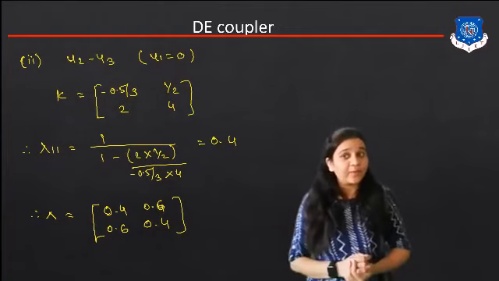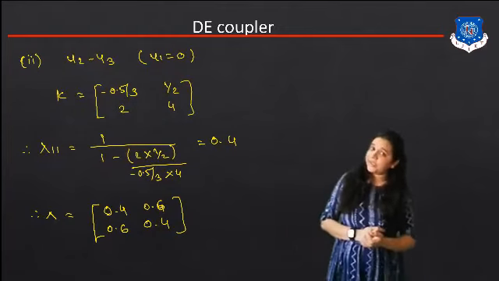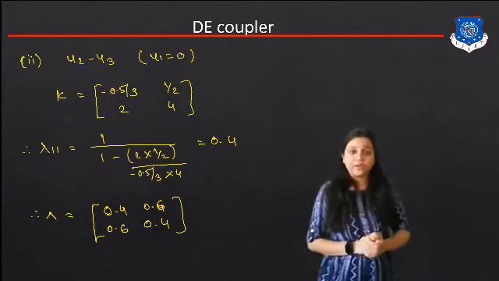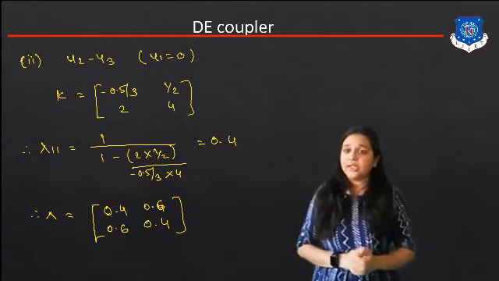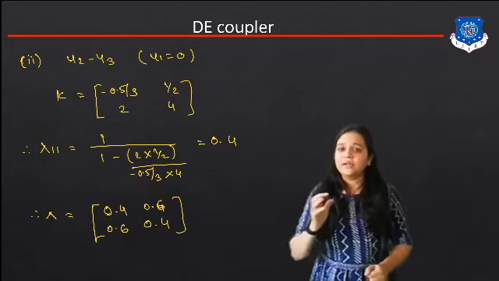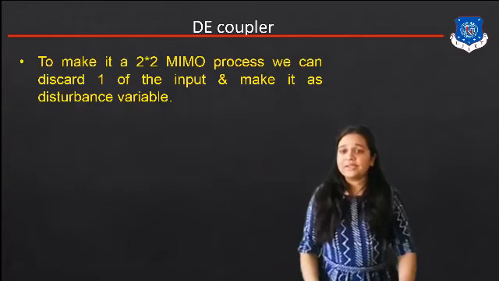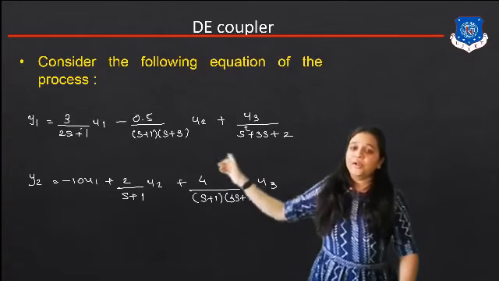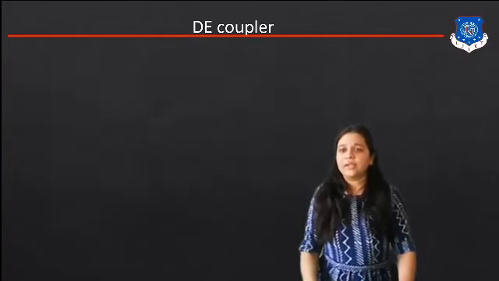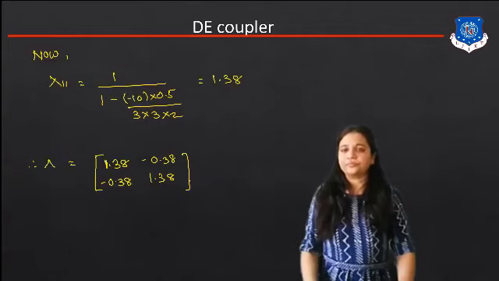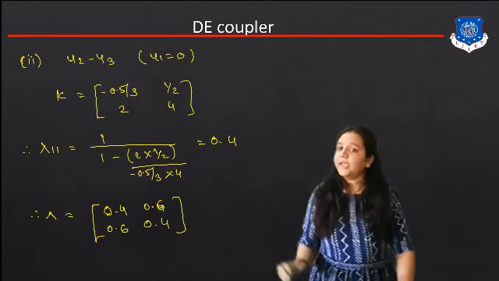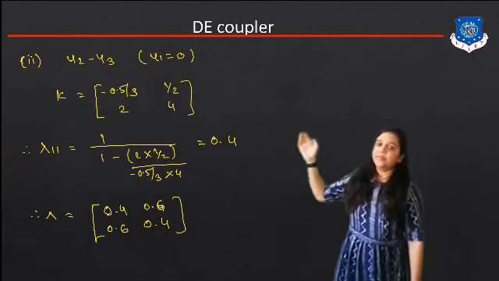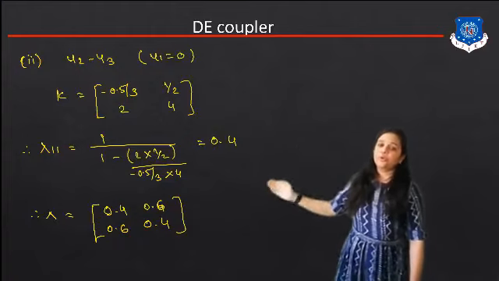Now the second possibility for the decoupler is we make U1 equal to 0, so the pair is U2 minus U3. Using the standard equation for Y1 and Y2, we put U1 equal to 0. So we get K equal to 0.5 by 3, 1 by 2, 2 and 4.